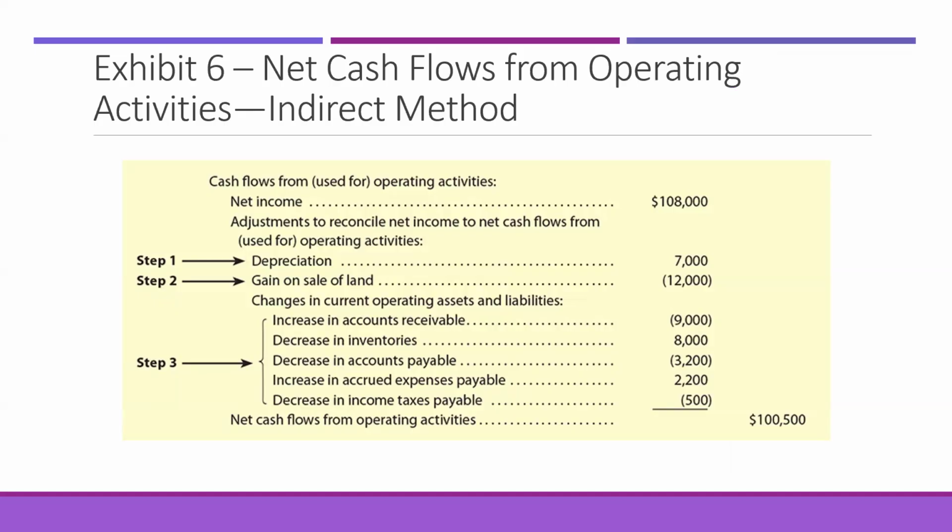The decrease in accounts payable decreased our operating cash flow because we had to pay it back. And then the increase in accrued expenses increased our cash flow. We also had income taxes payable, that's also an operating item. And then we have net cash flows from operating activities.